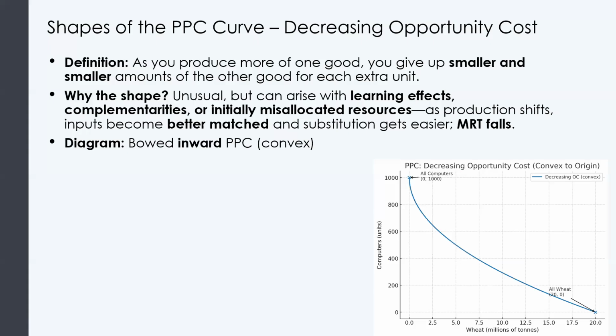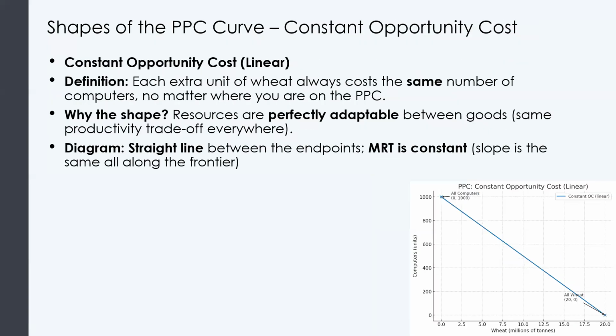But that's the shape. In case it comes up in the exam and the lecturer asks what type of opportunity cost this is, you can say it is decreasing opportunity cost. It's shaped inward like that, right? And then we also have constant. If it's a straight line like this, it's called constant opportunity cost. So if you see it in an exam and it's a straight line, your answer is constant opportunity cost.